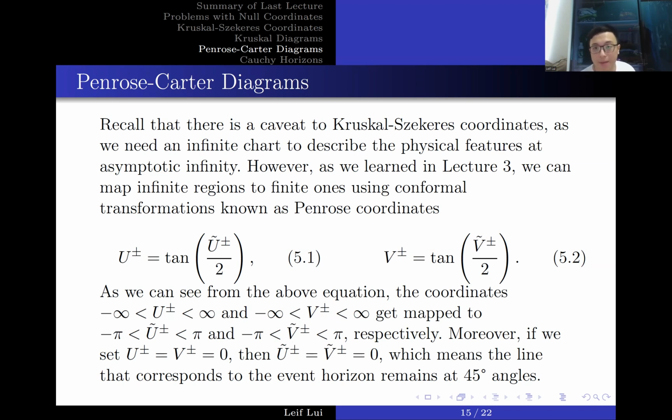So you can map an infinite region to a finite one. Moreover, when we set u plus and minus and v plus and minus to 0, we also get u tilde plus and minus and v tilde plus and minus equal to 0. You would think that the zero coordinate may yield a singularity, but in this case it does not, which means that the lines that correspond to the event horizon remain at 45-degree angles.